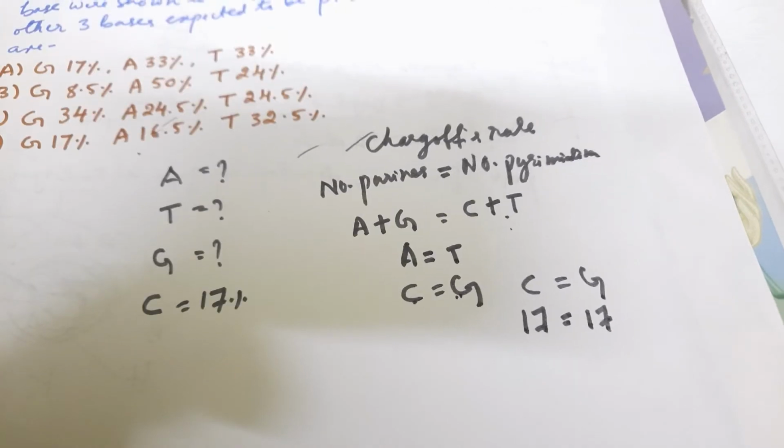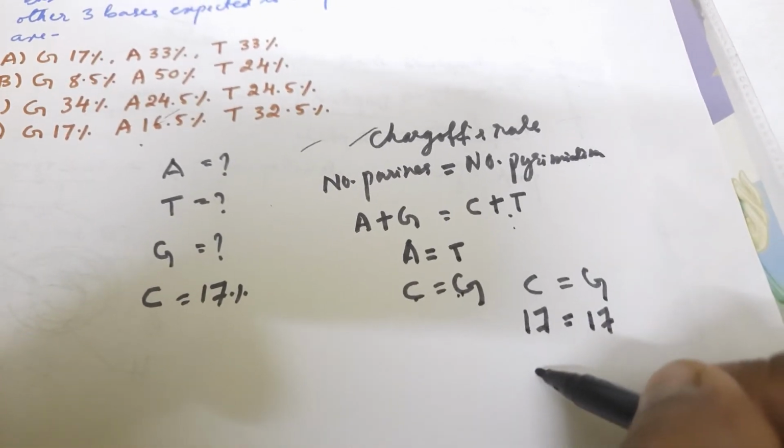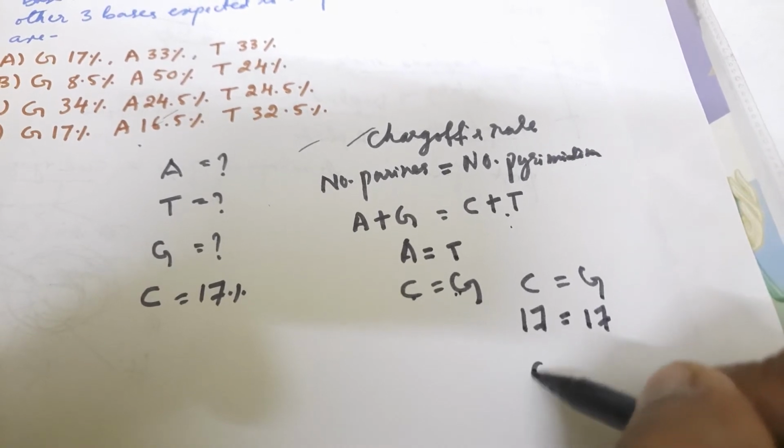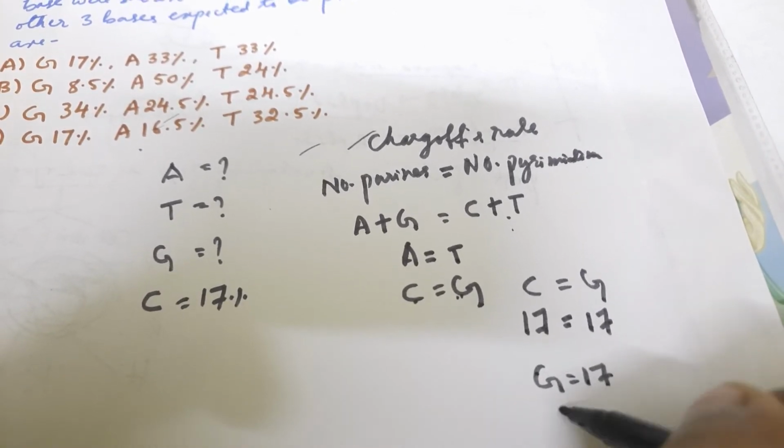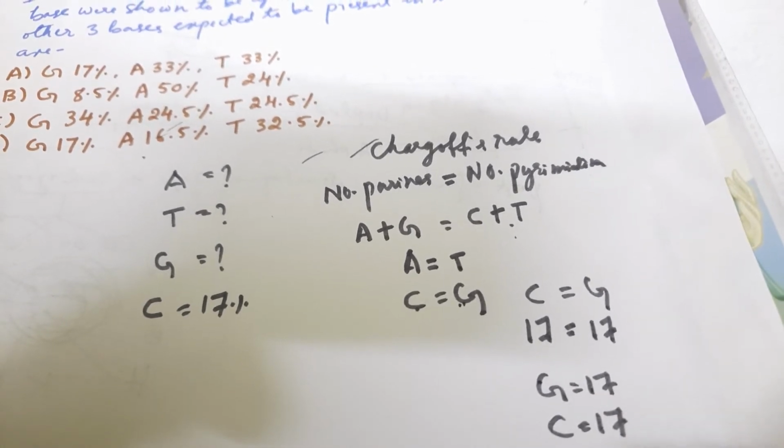The percentage calculation is always done with 100. Now you got that G is 17 and C is also 17. The remaining A and T you have to calculate.